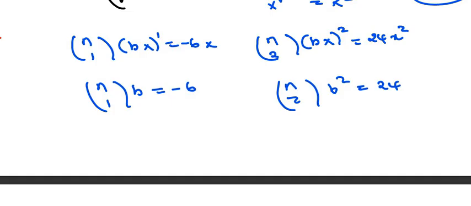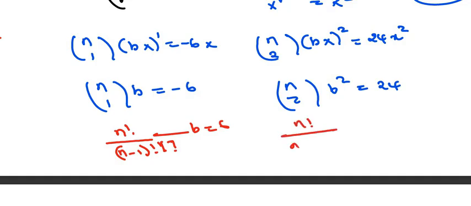This here is the same as n choose 1, n factorial over n minus 1 factorial, then you have 1 factorial, times b is equal to negative 6. This side you have n factorial over n minus 2 factorial, you have 2 factorial, b squared is equal to 24.